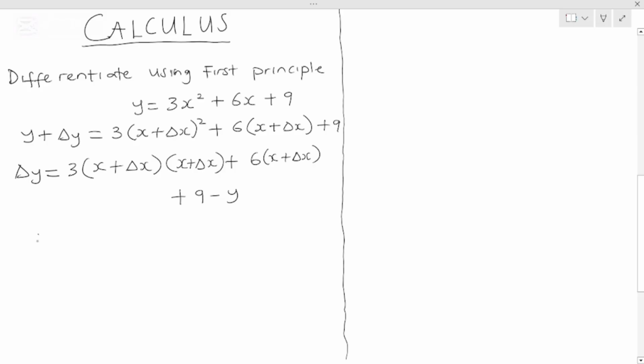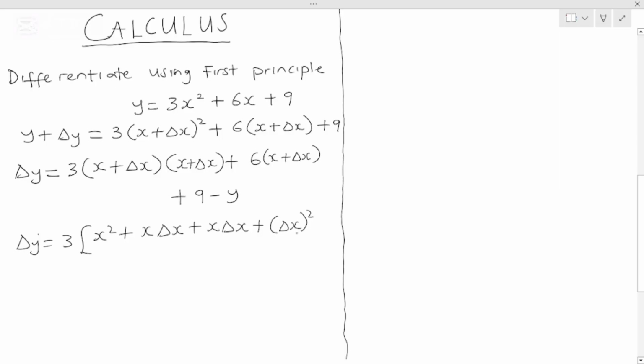Alright, so we have change in y is equal to 3. So let's open this bracket. That will be x squared, x times change in x, plus x change in x, plus change in x times x, x change in x, plus change in x times change in x. That will be change in x all squared.